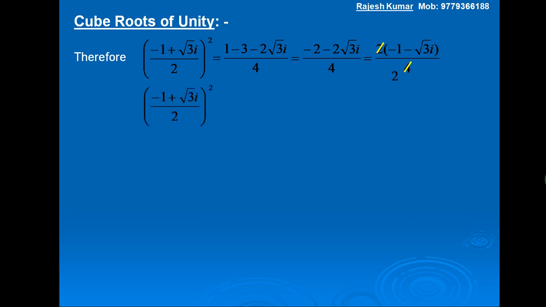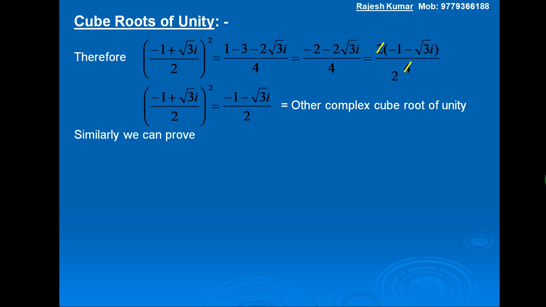So whole square of (minus 1 plus under root 3 iota upon 2) is equal to minus 1 minus under root 3 iota upon 2, which is equal to the other complex cube root of unity.